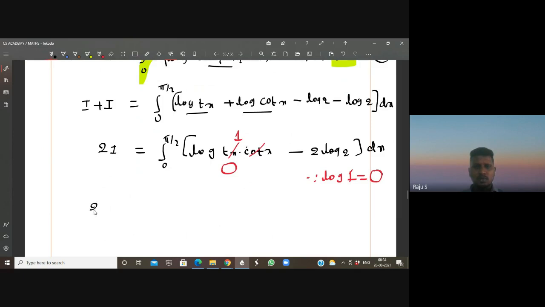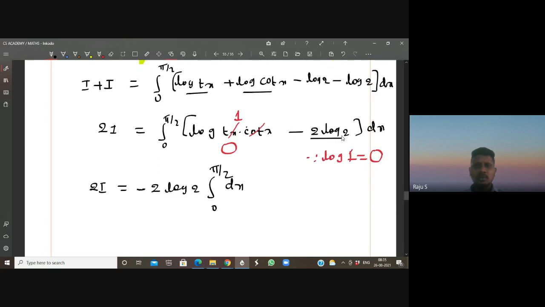Then the remaining 2 times I is equal to minus 2 log 2. Clearly 2 log 2 is a constant, take it outside, into dx from 0 to pi by 2. Is it clear? 2 log 2 is a constant, completely taking it outside. Then the 2s get cancelled.